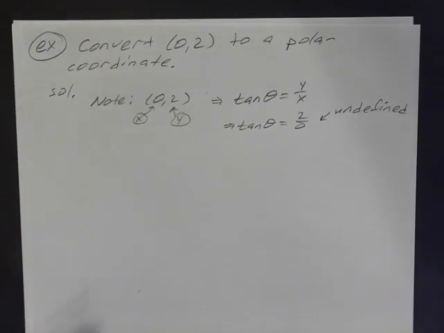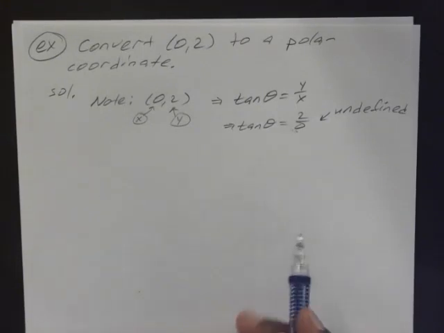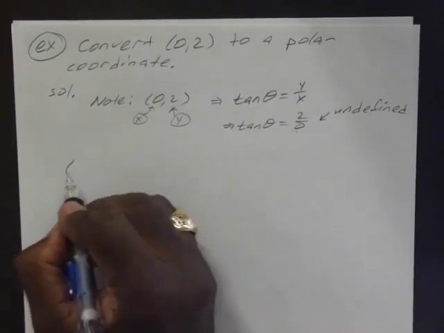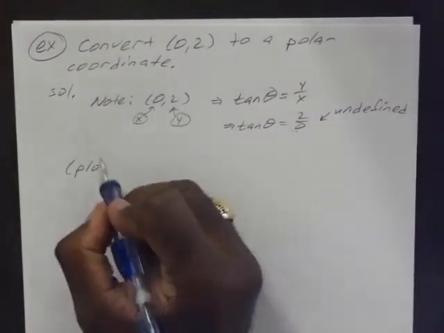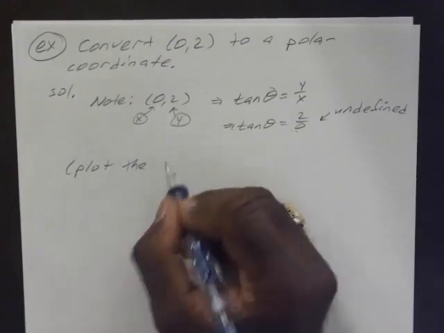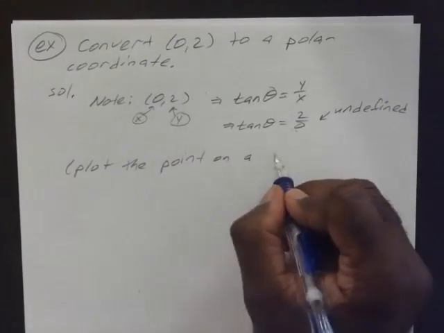Okay. So with problems like this, whenever your x is 0, it's just easier to plot the point on a graph.